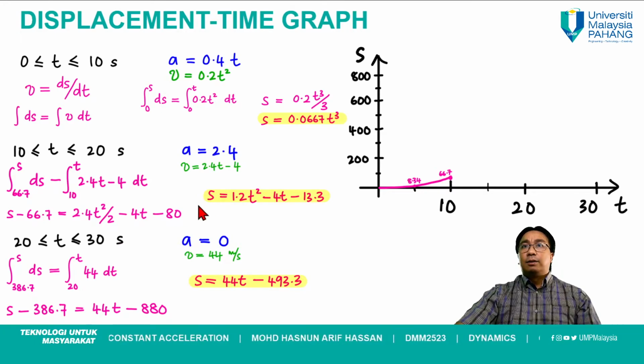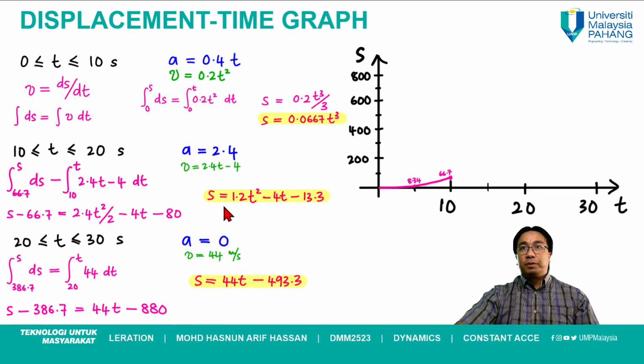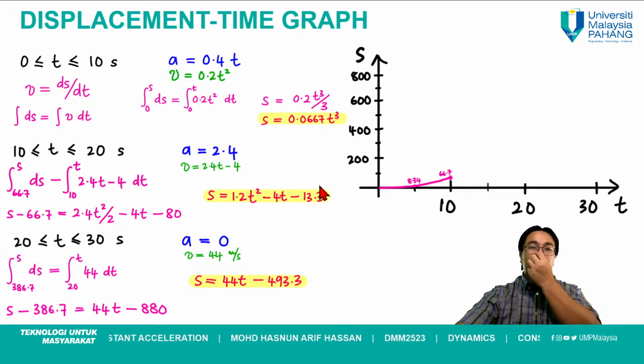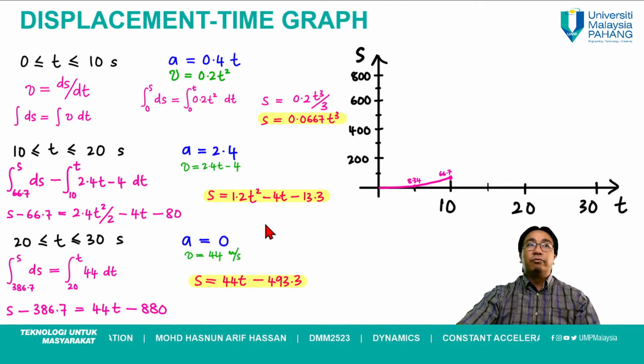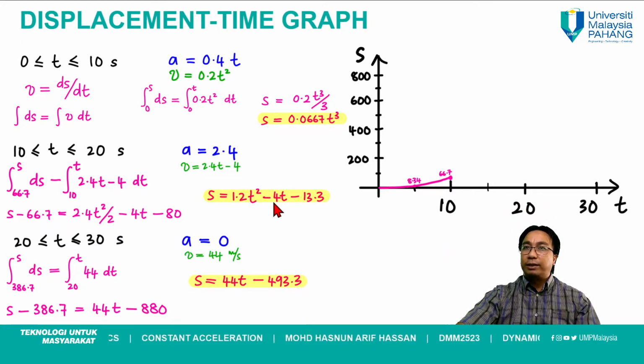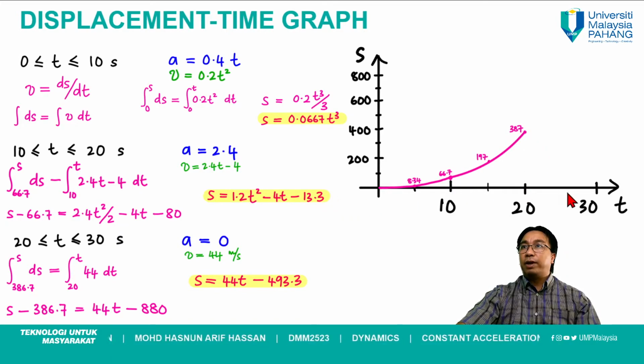Okay. For the next part, fasa yang kedua daripada 10 ke 20. So it's 1.2 t square minus 4t minus 13.3. So now you know definitely this is a quadratic equation. So dia pun akan jadi a curvy punya graph lah. Dia akan jadi satu curve. Okay. So as usual, you will key in the value t is equal to 20 in the equation here to get what is the value. So you akan dapat value, let me zoom in again.